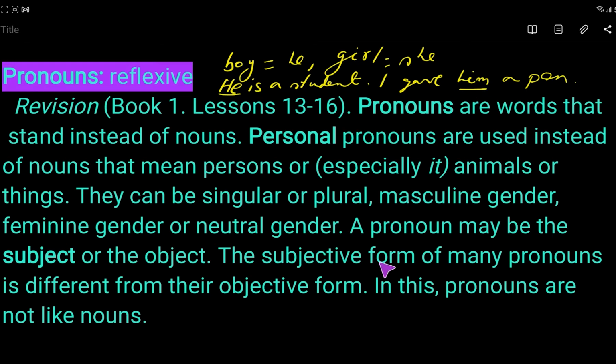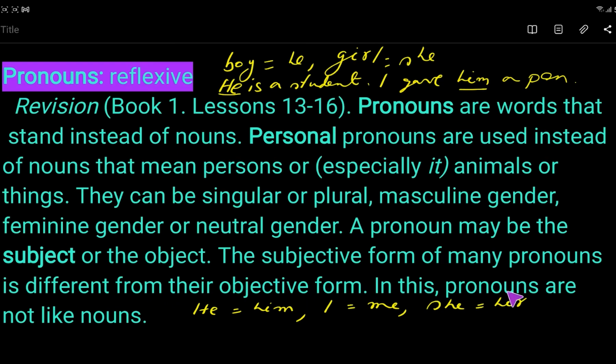Here the subjective form of many pronouns is different from their objective form. Like he, its objective form is him. If I say I, it's me. She, its objective form is her. So you have understood, I think, that the subjective form of many pronouns is different from their objective form.